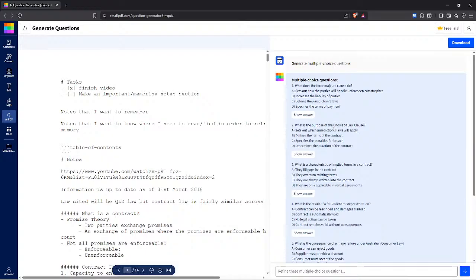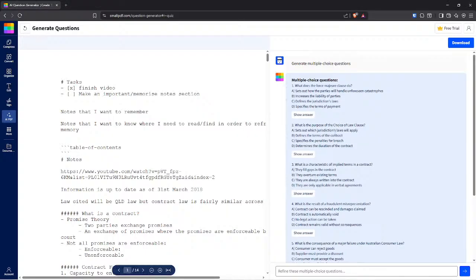What is the purpose of the choice of law clause? Yeah, it would be jurisdiction, I think. Sets out which jurisdictions laws will apply, defines terms of contract, specify. I think it's jurisdiction. Choice of law sets out which jurisdictions laws will apply if that is not already clear, such as which country's laws the parties agree to be bound by.